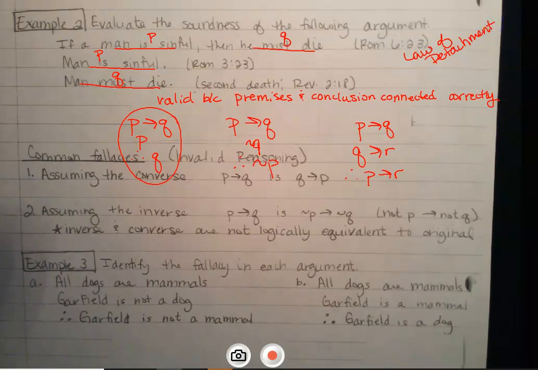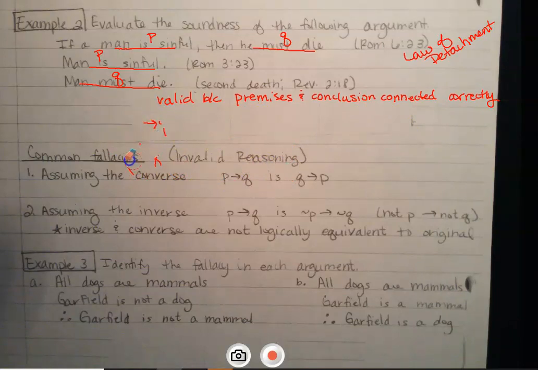We're still not determined if it's sound or not because there were two parts. The first part, it is valid. We had to check to see if it was valid first. The second part was that we needed to know, are the premises true? So are premise 1 and premise 2 true?